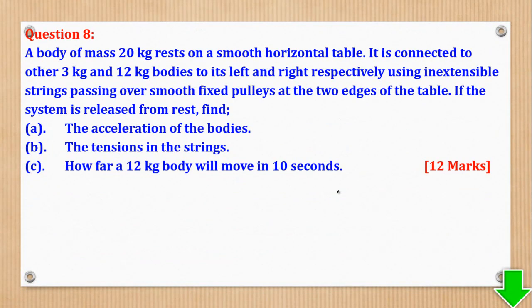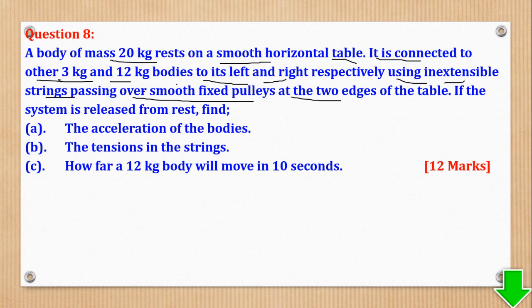That was question 7. Now we shall go to question 8. Question 8 says, a body of mass 20 kilograms rests on a smooth horizontal table. It is connected to other 3 kilogram and 12 kilogram bodies to its left and right, respectively, using inextensible strings passing over smooth fixed pulleys at the 2 edges of the table.